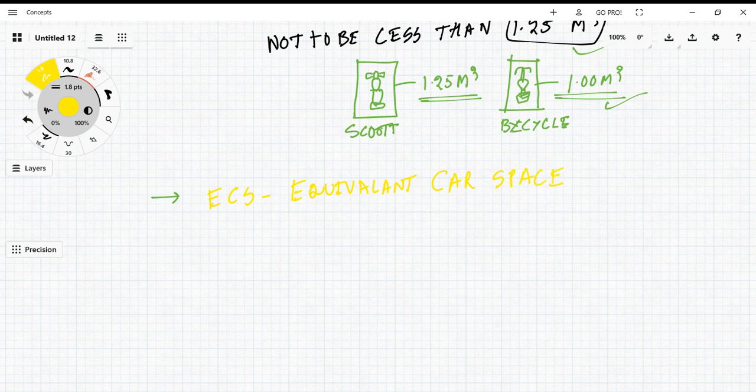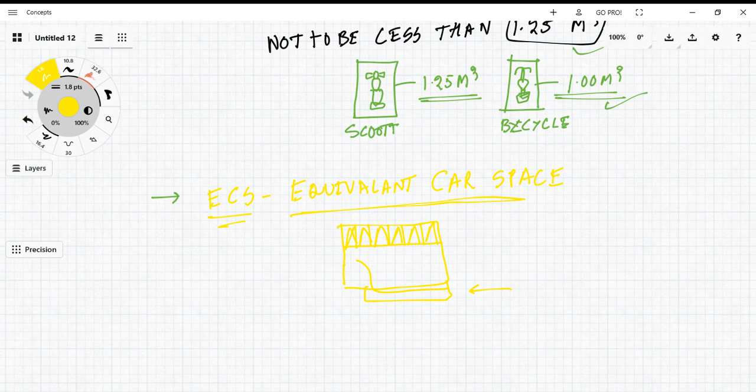In equivalent car space, they include not only the area of the vehicle but also the circulation area. For example, this is my basement, and these are my car parks. Here there is one ramp from the exterior to reach the basement.